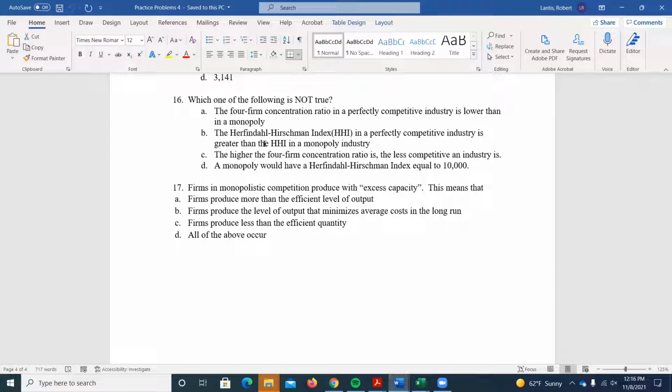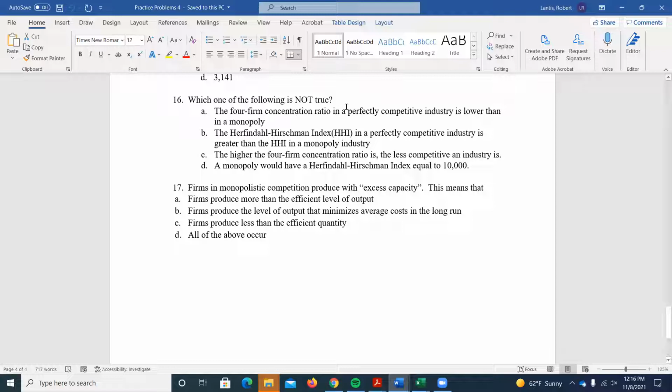Well, these are both measures of market concentration, right? A monopoly is literally one firm with 100% of the market share. Perfectly competitive, we don't know how many firms there will be, but we know there's going to be a lot, many, many firms, with a homogeneous product. So we know it won't be as concentrated as the most concentrated market, which is a monopoly.